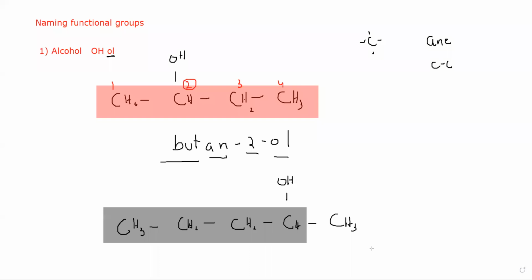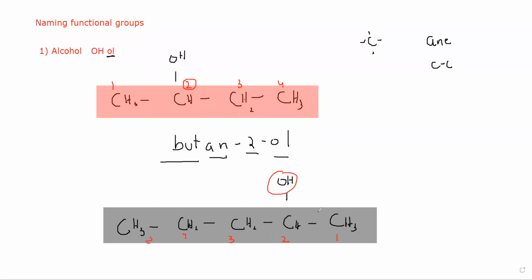First we select the longest carbon chain and then we number the carbon atoms from the nearest branch. So 1, 2, 3, 4, 5. At the second position we have OH. The reason why I number from the right-hand side is that then the OH is with the second carbon. If I number from the left-hand side, OH is with the fourth carbon.